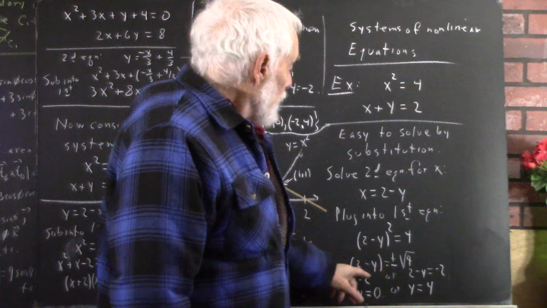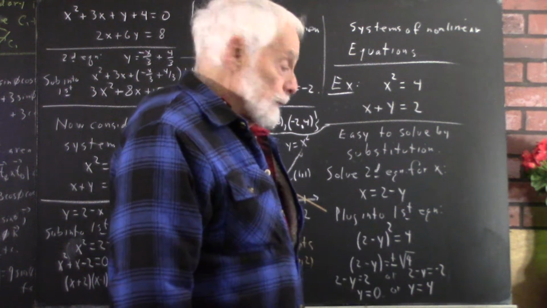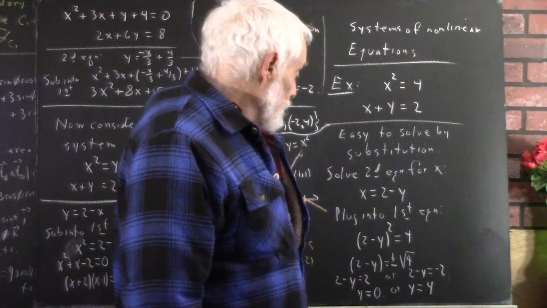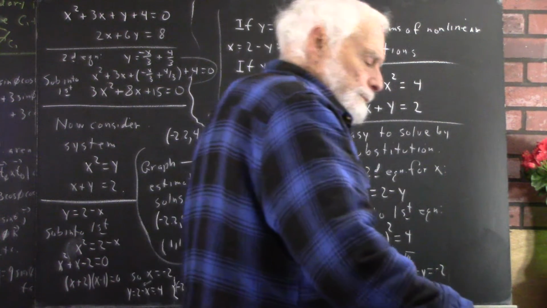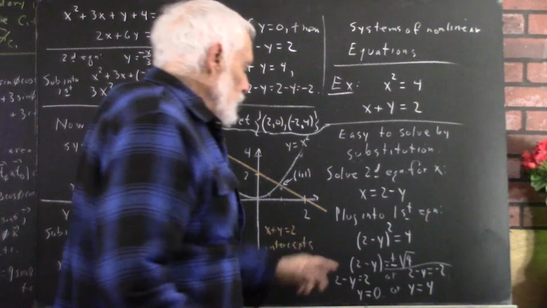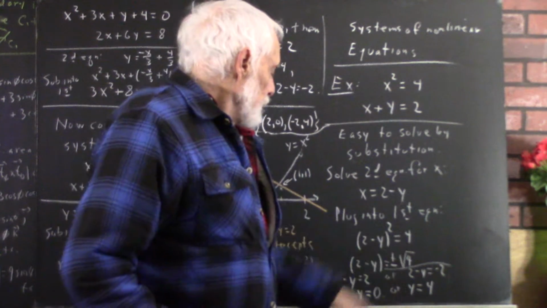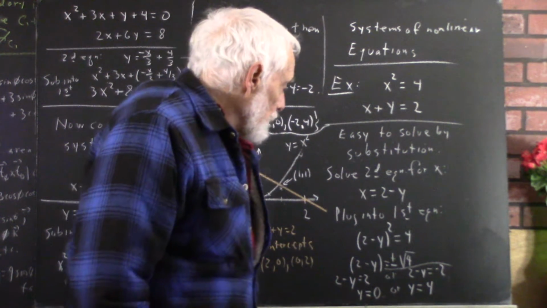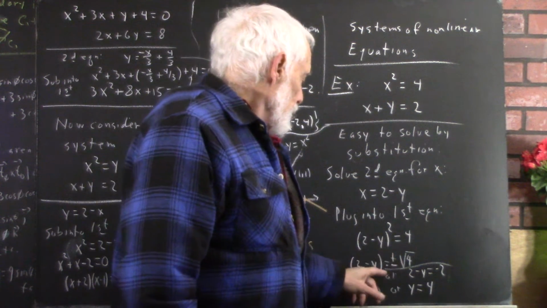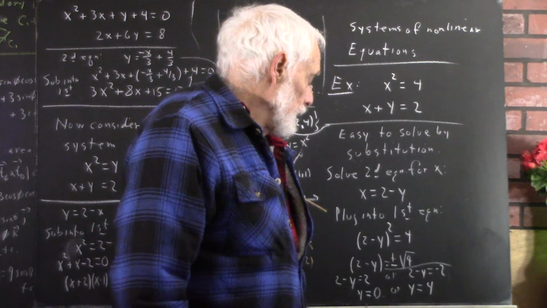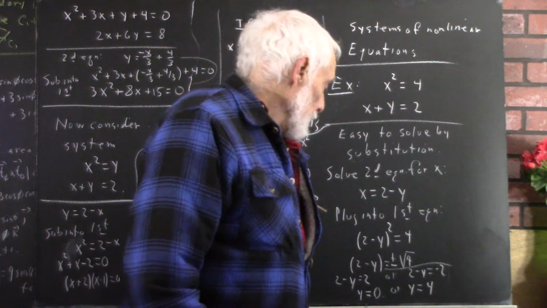So that 2 minus y equals plus or minus the square root of 4. Well then, the square root of 4, of course, is 2. That 2 minus y equals 2 gives us y equals 0. And the other solution, 2 minus y equals negative 2, gives us y equals 4.